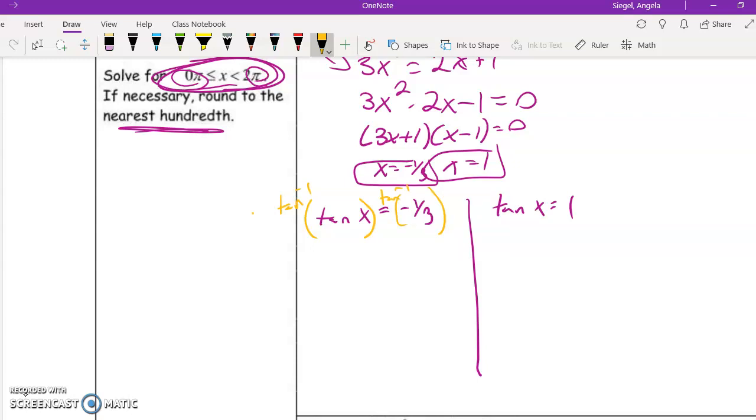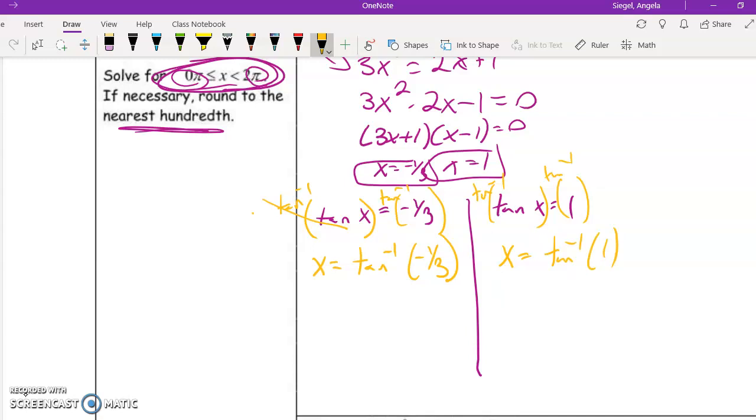So these cancel, and I get x equals tangent inverse of negative 1/3. Same thing over here. I'm going to multiply this by tangent inverse, and so I get x equals tangent inverse of 1. That is the next step when you do that.